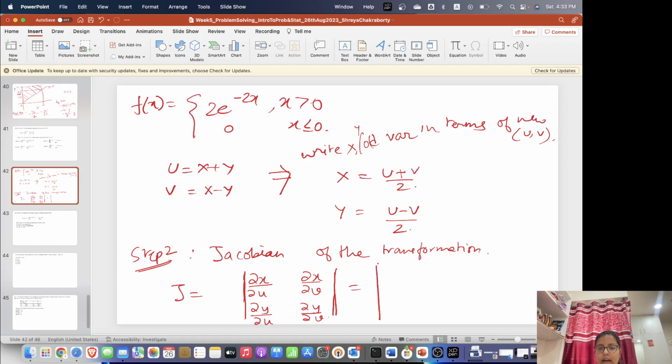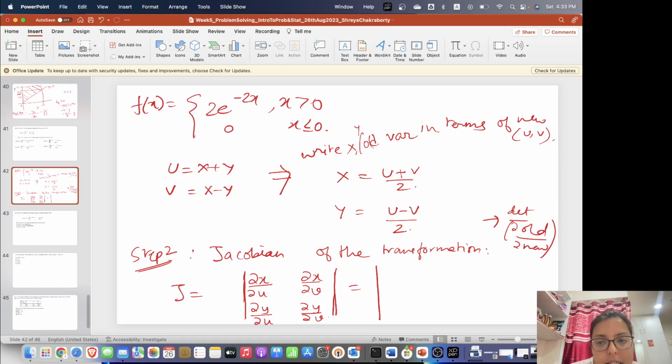Where did we come across this concept of Jacobian? While doing transformation, we have to adjust by the Jacobian. Jacobian means determinant of del of old variables by del of new variables.